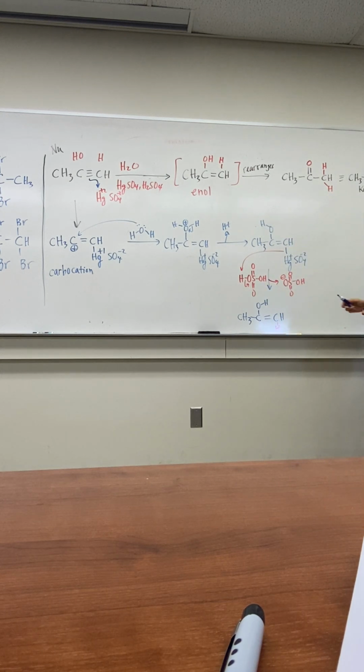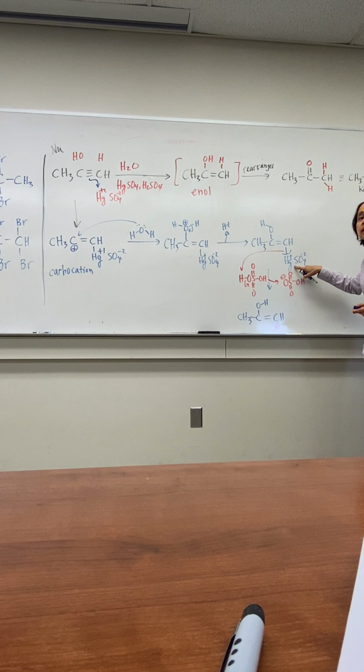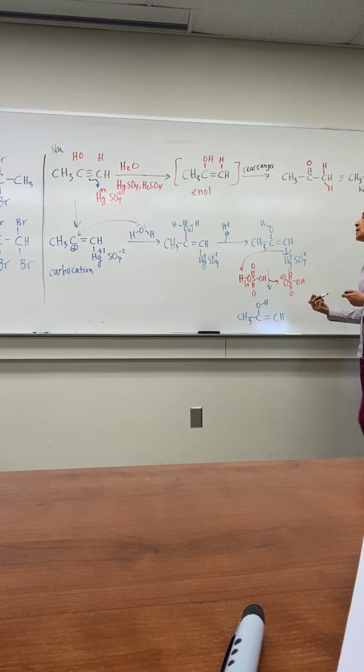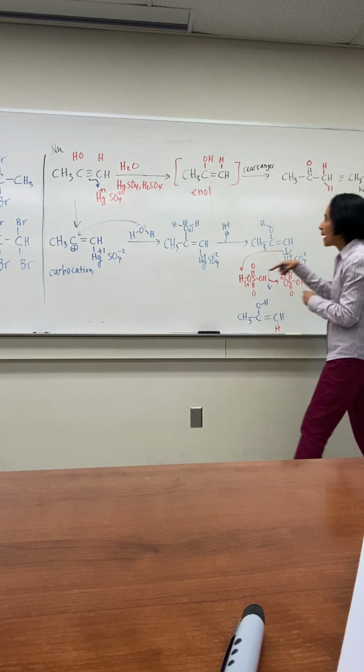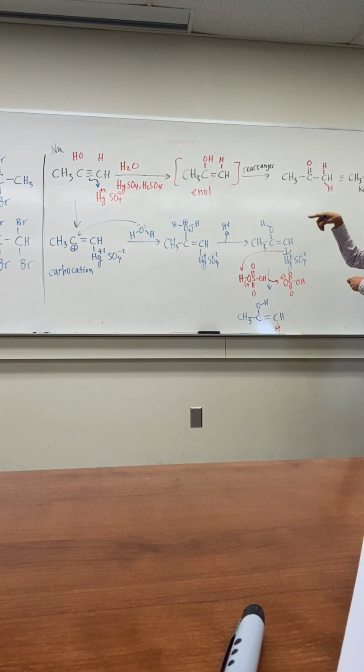And then what happened to your mercury? If I take this bond out and then I made a bond to the H, what happened to the mercury? It became what? Plus 2, right? Yeah. So it went back to plus 2. So you kind of recycled the mercury, made it plus 1, and then finally go back to a mercury plus 2, and eventually it becomes mercury sulfate, okay?